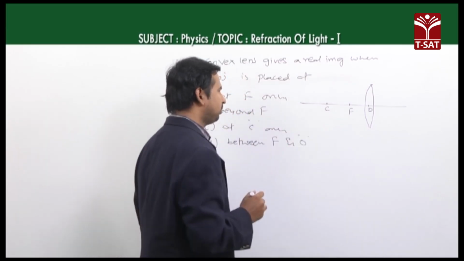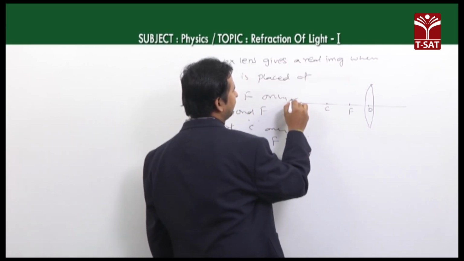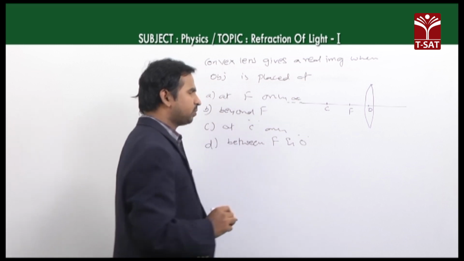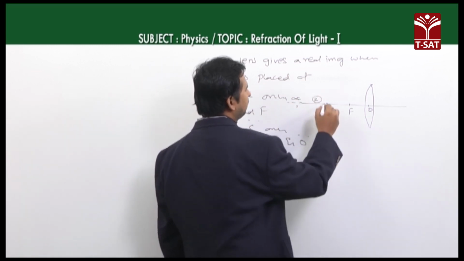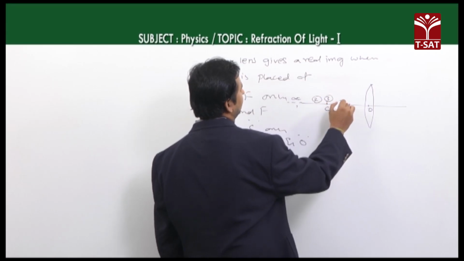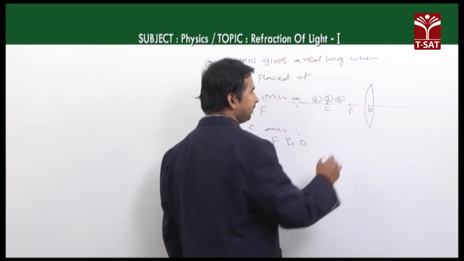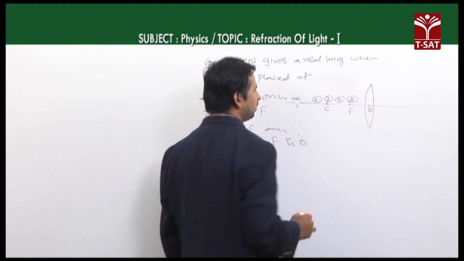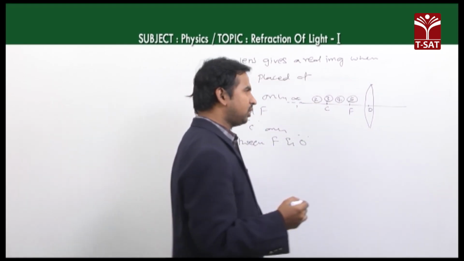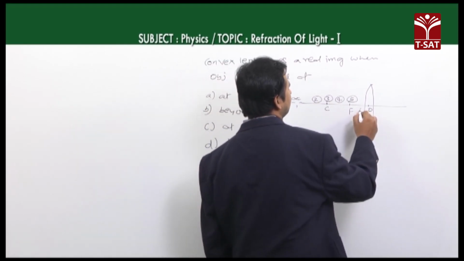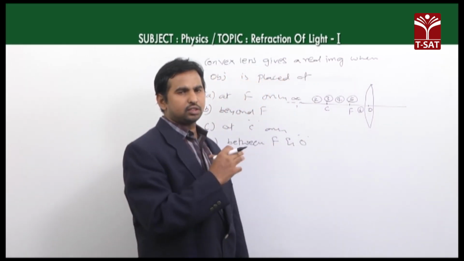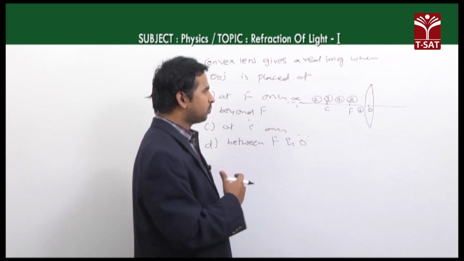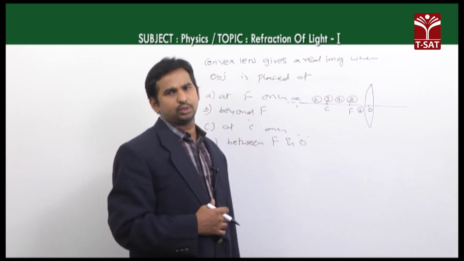The first position is when the object is placed at infinity, the second is between C and F, the third is on the center of curvature, the fourth is between C and F, and the fifth is on the principal focus. And the sixth position, which is a special case, is when the object is placed between focus and optic center. These are the 6 positions we have when an object is placed before the convex lens.